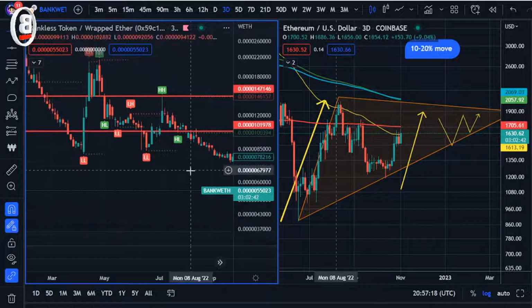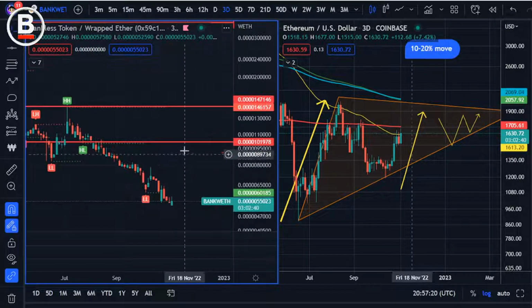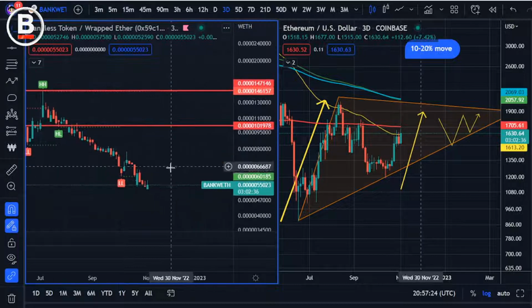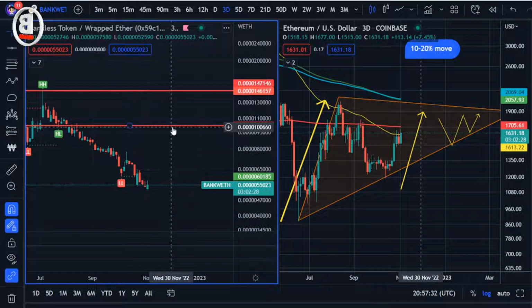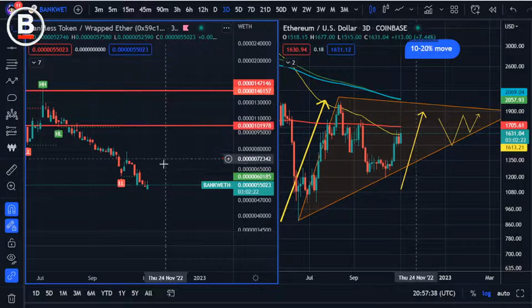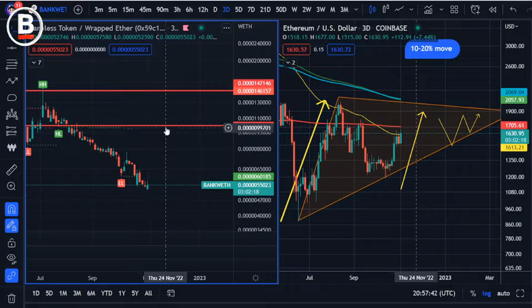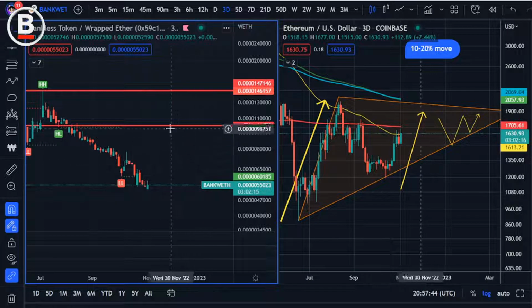Now, if bank bounces, we're still looking for a lower high, right? We expect to find resistance at this 100,000, I don't even know what this is, but at this line, at this price, at 1 penny, whatever. But essentially, at this price, we expect a bounce back down.